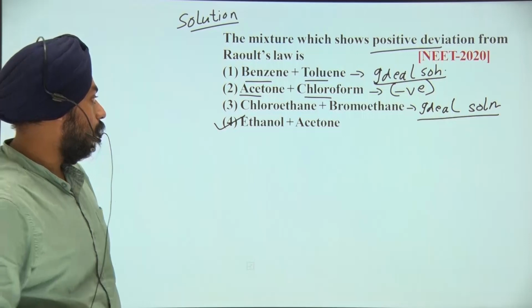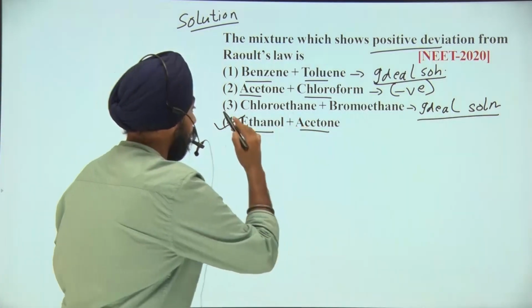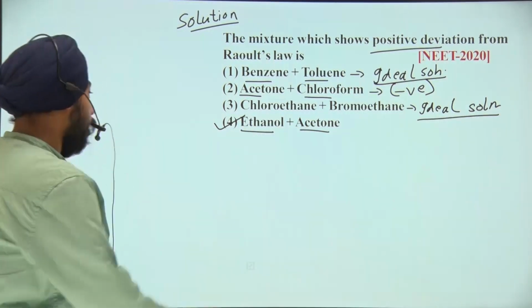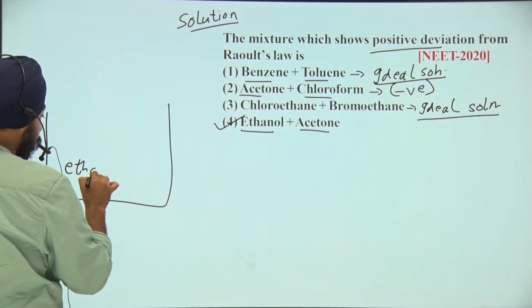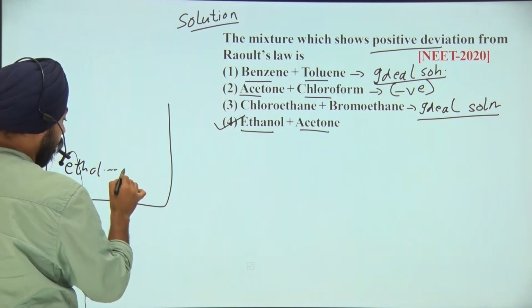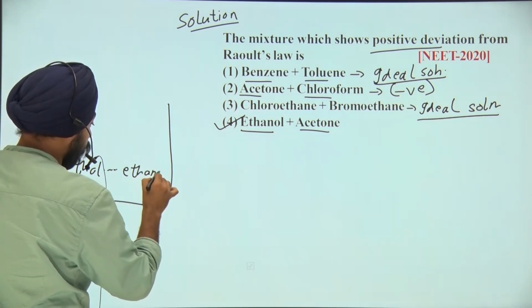And for explaining this particular case, this is ethanol and acetone. Students, if you have ethanol, it will have hydrogen bond with another ethanol molecule.